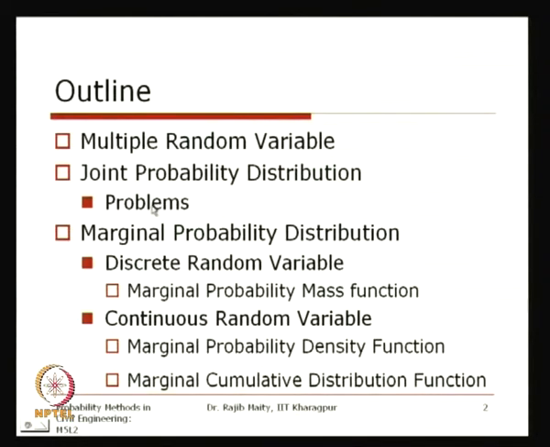So we will discuss the problem on that first, and after that we will come to this marginal probability distribution and its details. One thing, before I go through that problem, I just want to give you the overall concept, and if that is clear, then the relation between the joint PDF and its marginal will be very easy to understand.